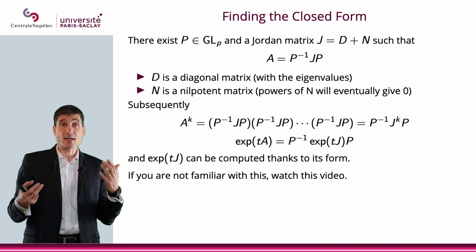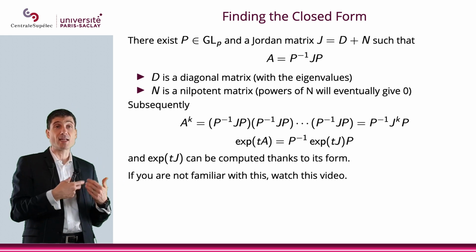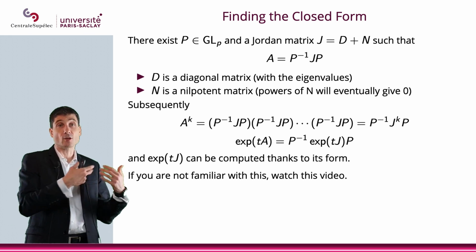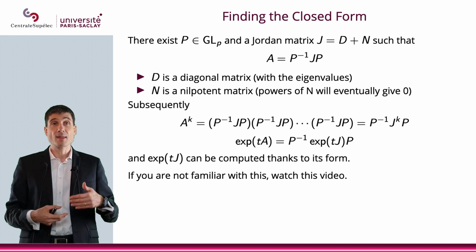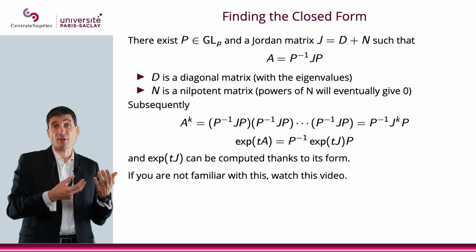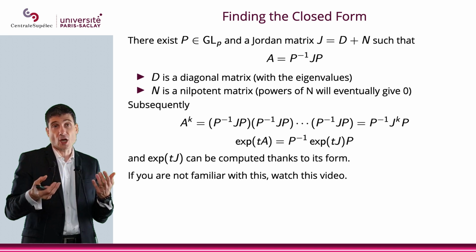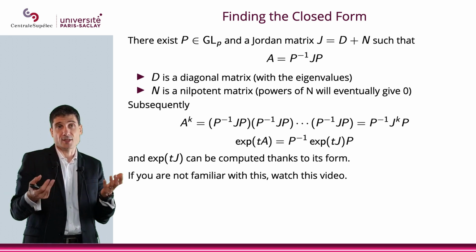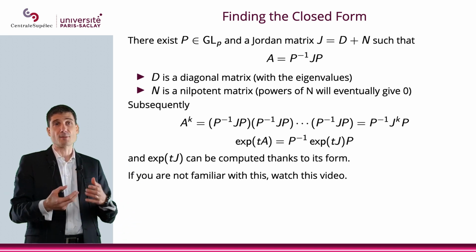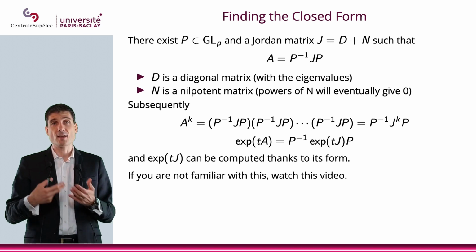So now what you can say is that the exponential of tA will be P inverse exponential of tJ P, or if t equals 1, then exponential A is P inverse exponential J P.